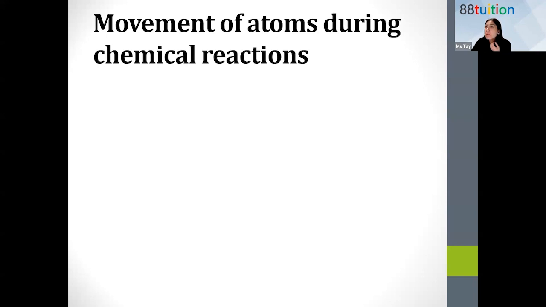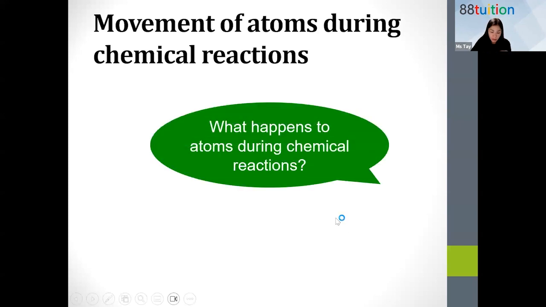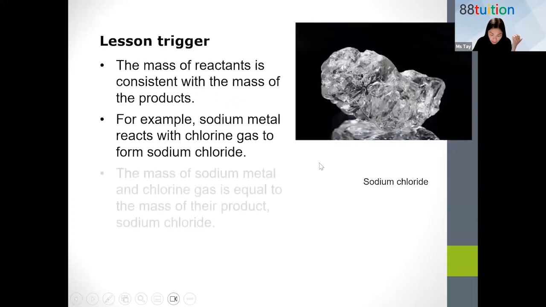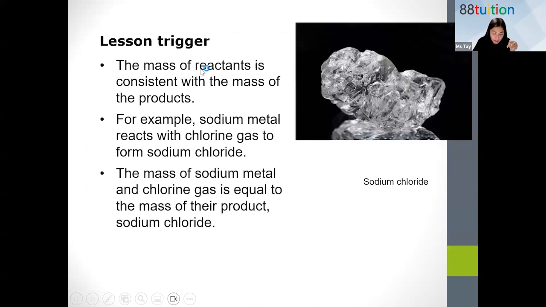Thank you. Okay, so what happens during a chemical reaction? Atoms actually move, but they move in a certain way. You already know the mass of the reactants must be consistent with the mass of the products. As I said last lesson, what goes in must come out.